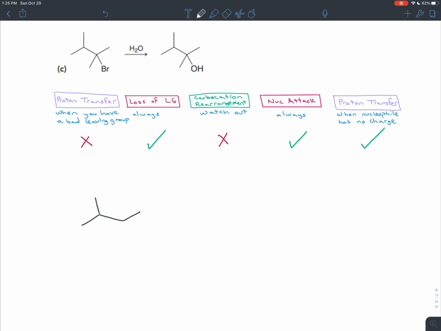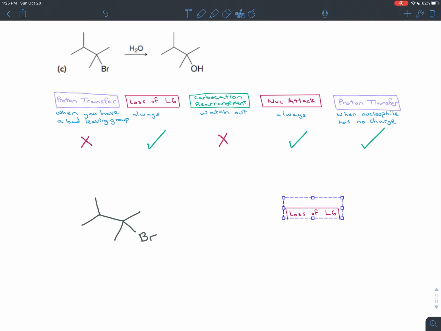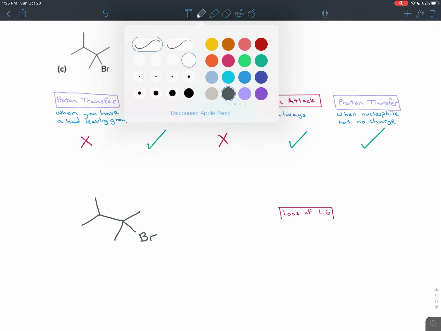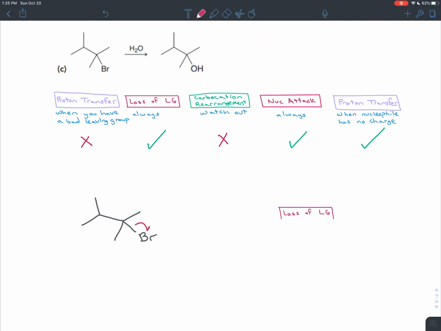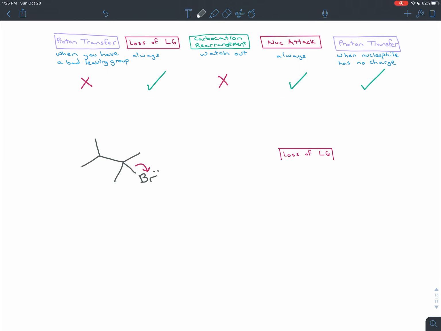And so first we'll start by drawing the molecule. And our first step is loss of a leaving group. So the leaving group is bromine, takes the electrons, pops off the molecule.